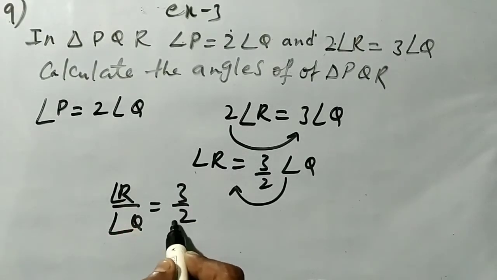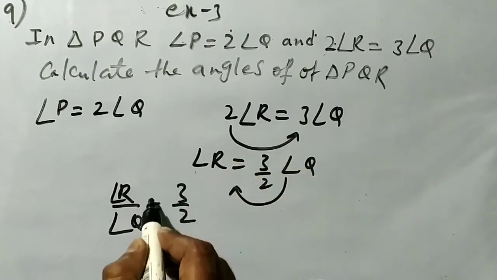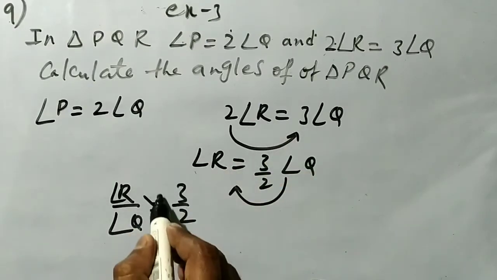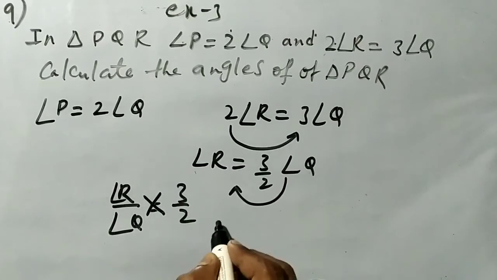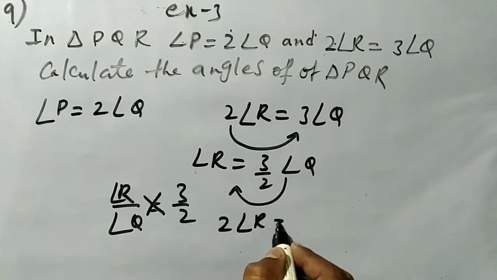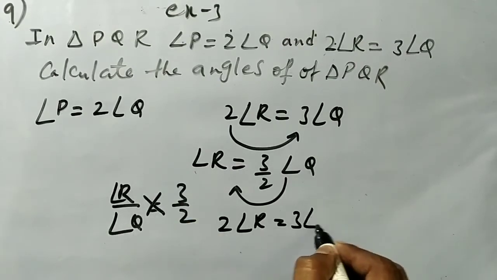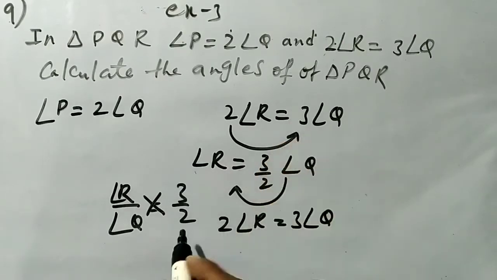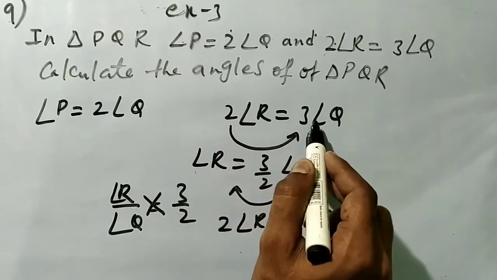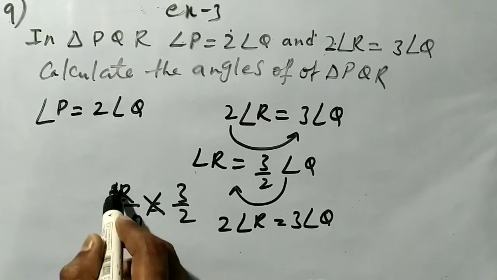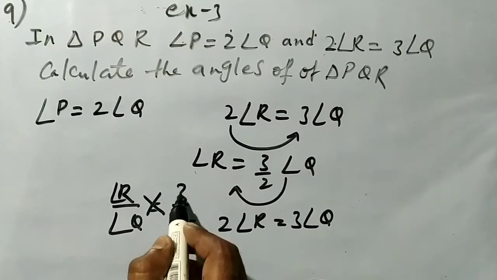If we cross multiply, we will get this equation again. That is 2 into angle R is equal to 3 into angle Q. So we can write this equation in this form also, that is angle R by angle Q is equal to 3 by 2.